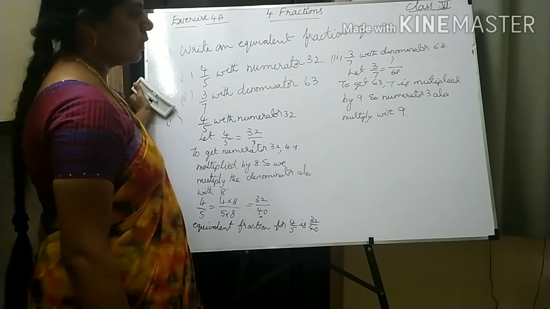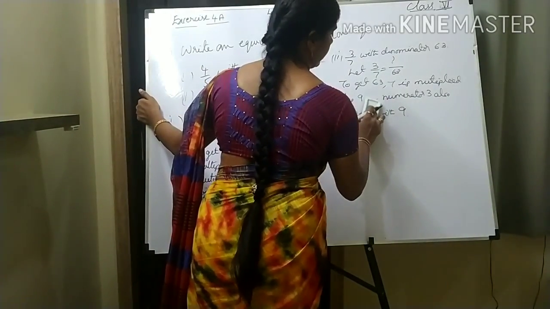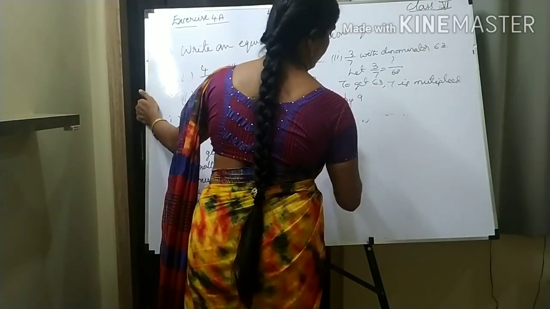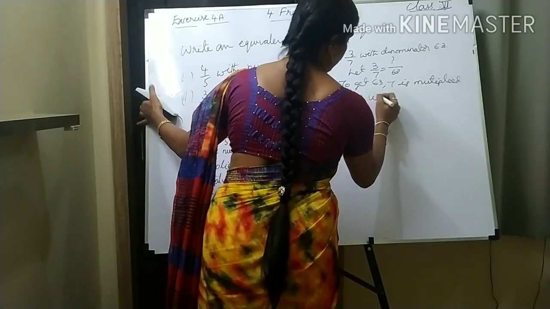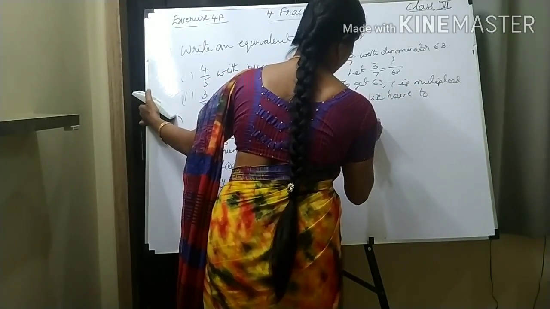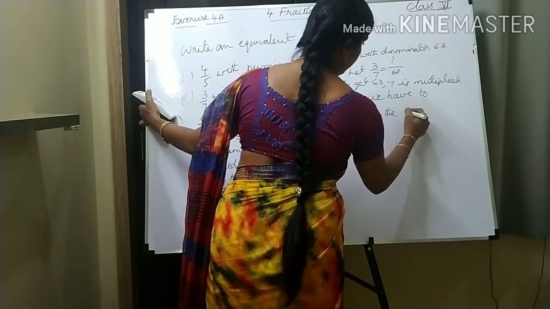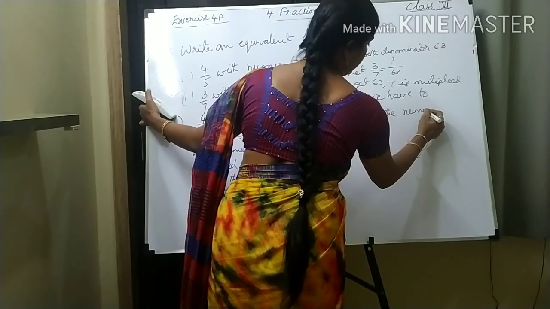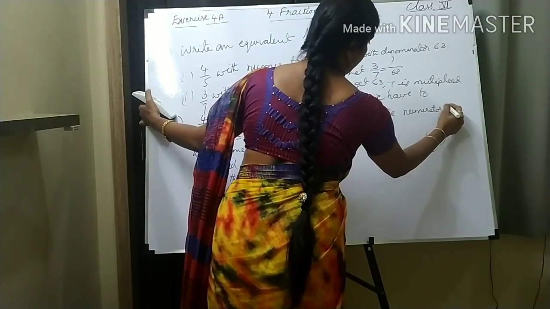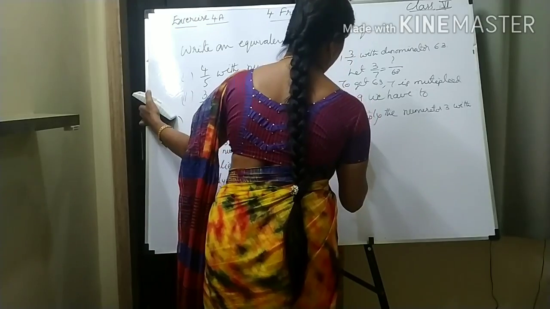So we have to multiply the numerator 3 with 9.